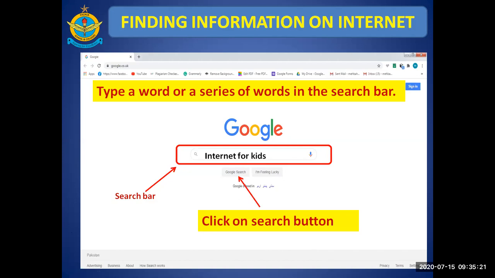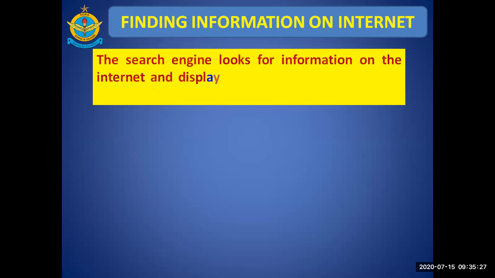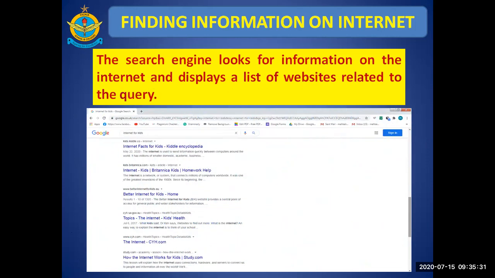Just click on it and you will get a list of different websites that will be showing information about what you have asked for. The search engine looks for information on the internet, and it has now displayed a list of websites related to the query.